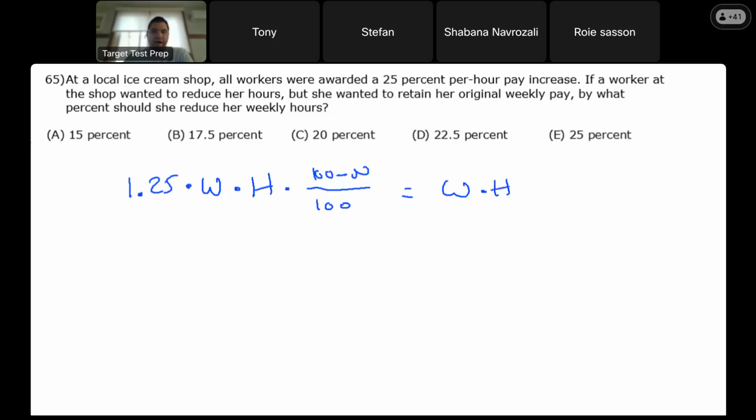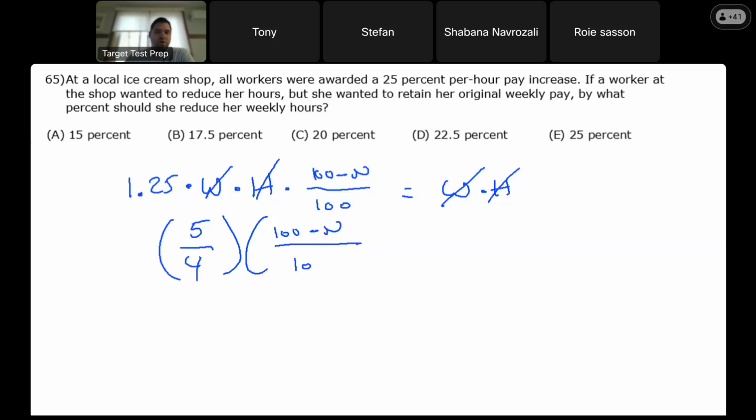So we agree with that. The thing is, this all cancels, right? And then, of course, 1.25 just becomes 5 over 4. And then this becomes (100 minus n) over 100, and that's equal to 1. So you can keep working this out and solving for n. That's definitely an option.